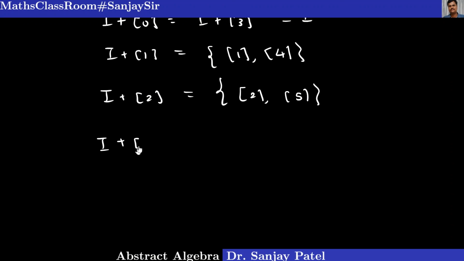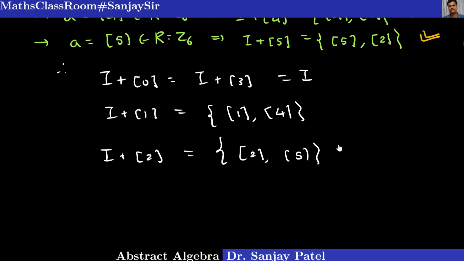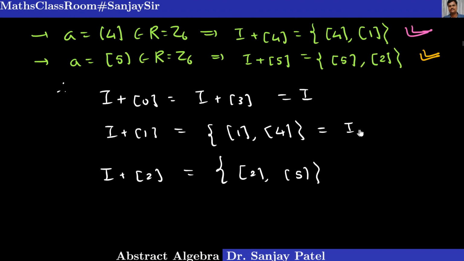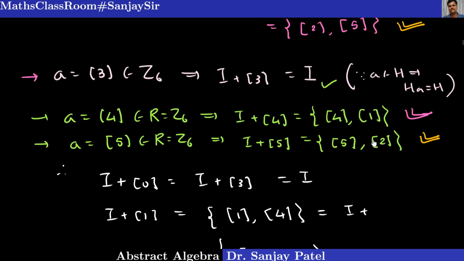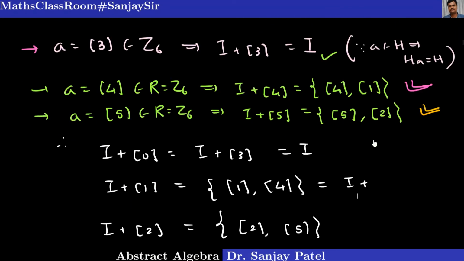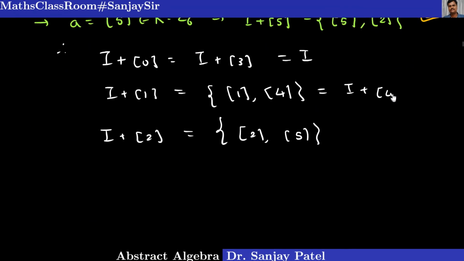And I plus class 3 is the same as I, which is written already. And all other cosets are equal: I plus 1 is the same as I plus 4, then I plus 2 is the same as I plus 5. So if you do it like this, you will get only these three distinct cosets.